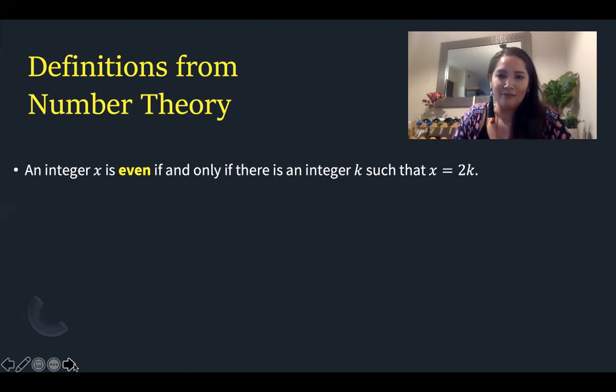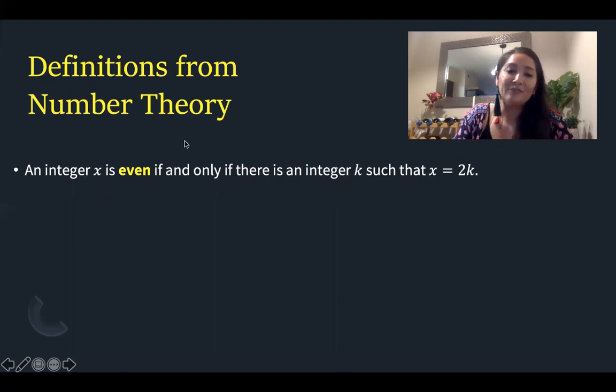So if x is 22, we can say that it's even because it ends in 2, or we could say 22 is even because it's 2 times 11, and 11 is an integer. So there is an integer k equal to 11 such that 22 is equal to 2 times k, or 2 times 11, that gives you the 22. So this is the definition of even.